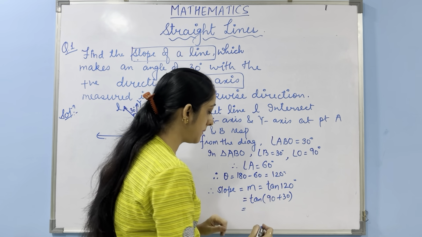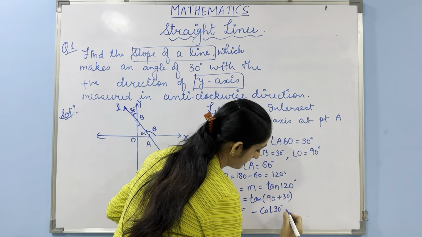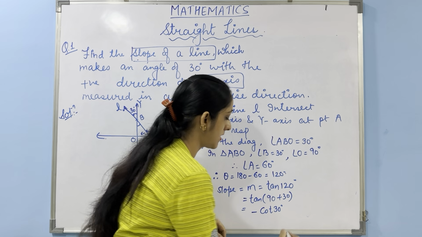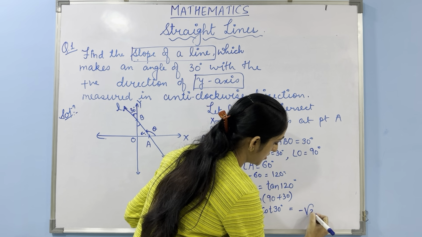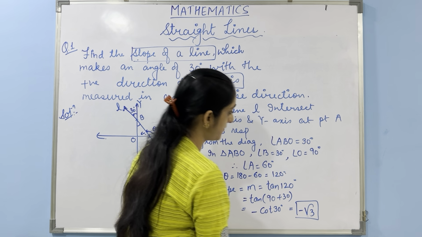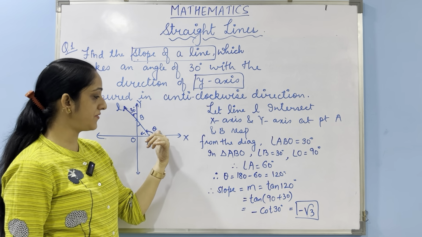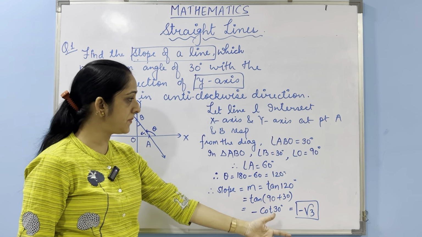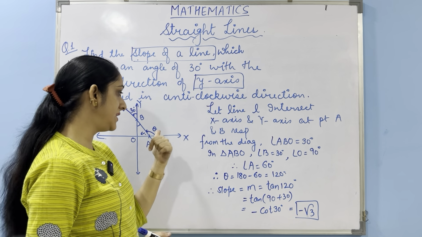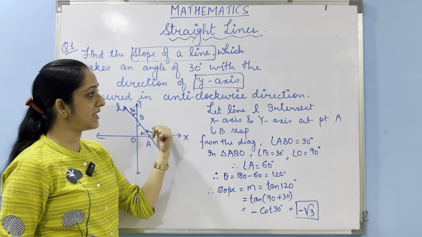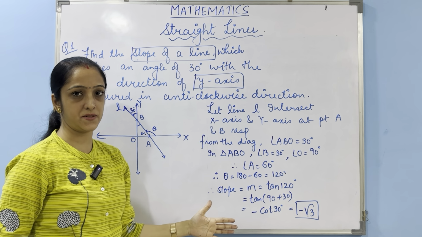So tan of 90 plus 30 is minus cot 30, and cot 30 is √3, so it is minus √3. So the slope of this line is minus √3. So with the help of inclination we can find the slope, and the inclination is not given directly. We need to find the inclination with the help of the given information in the question. So this is how we solve such problems.